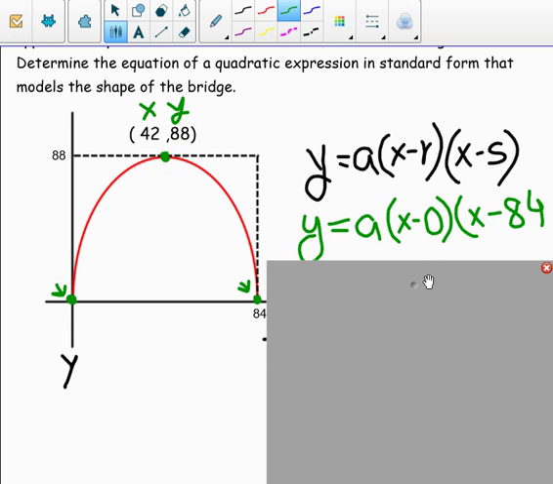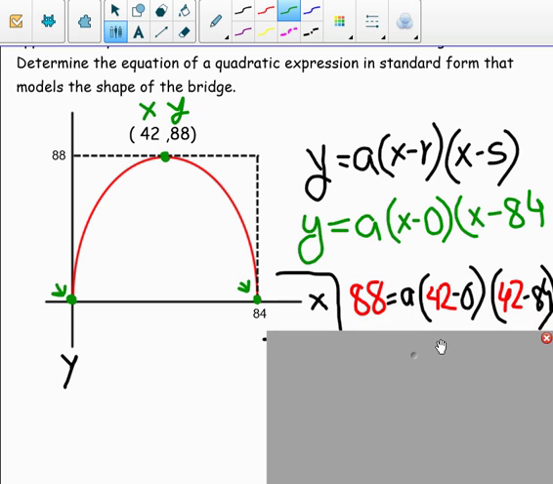So 42 and 88 in the equation. 88 is the y, and a right here, and 42 here is the x of the vertex, and 42 again here is the x of the vertex, and 84 is the x of the parabola's 2 zeros. This 84 here is this 84 here.